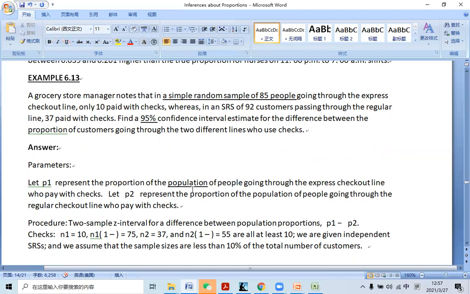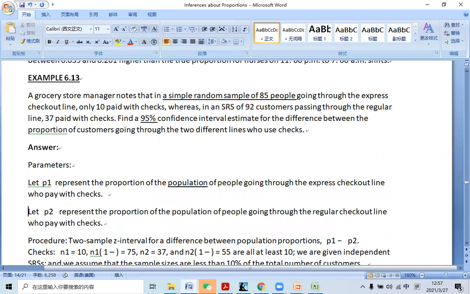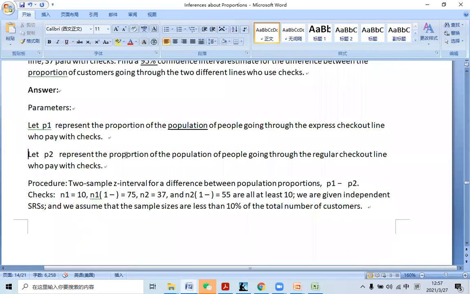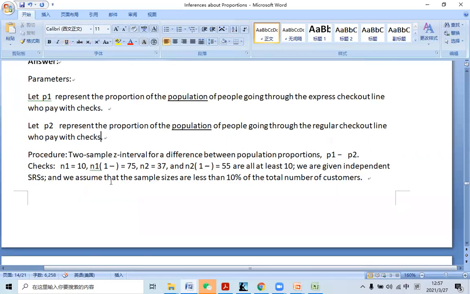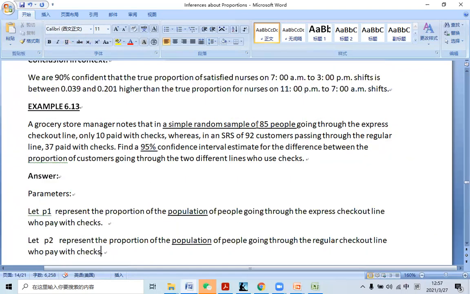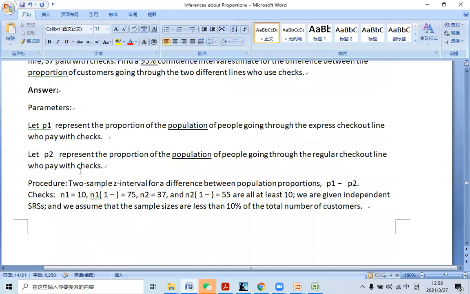Proportion 1 is the proportion of people going through the express line, the faster line, who pay with checks. Proportion 2 is a proportion of the population of people going through the regular checkout line who pay with checks. And your observation is pretty obvious. The fast line people, only 10 pay with checks. The regular line, out of 92 people, 37 pay with checks.